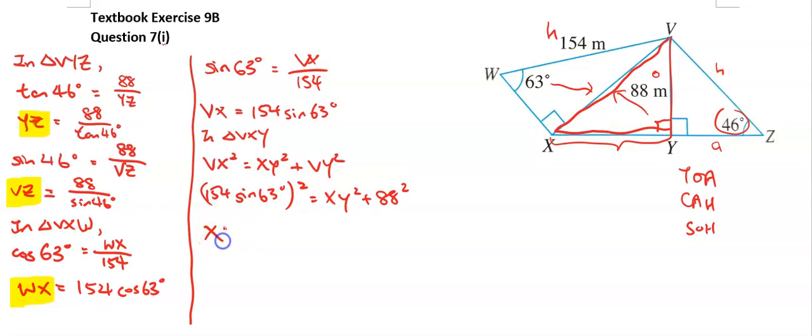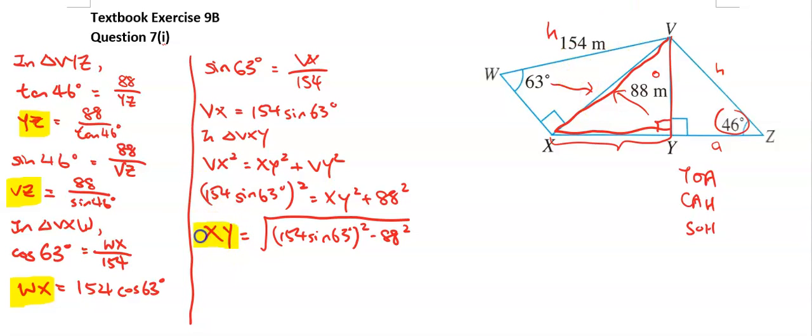To find XY, we bring the 88 squared over, so we subtract, and then square root: 154 sine 63 degrees squared minus 88 squared. We can leave XY like this. Later we use a calculator to calculate all the values in the perimeter.